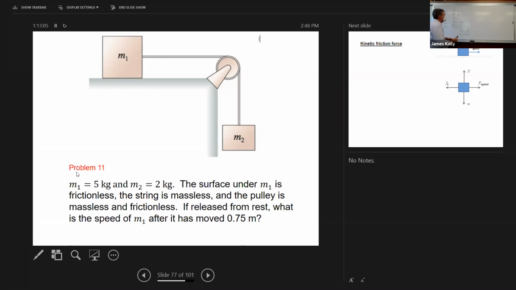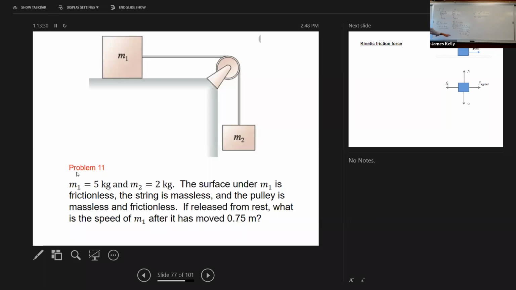Thank you. It starts from rest, so the initial velocity x component is 0, and therefore its final speed would be the square root of 2 times ax times delta x.